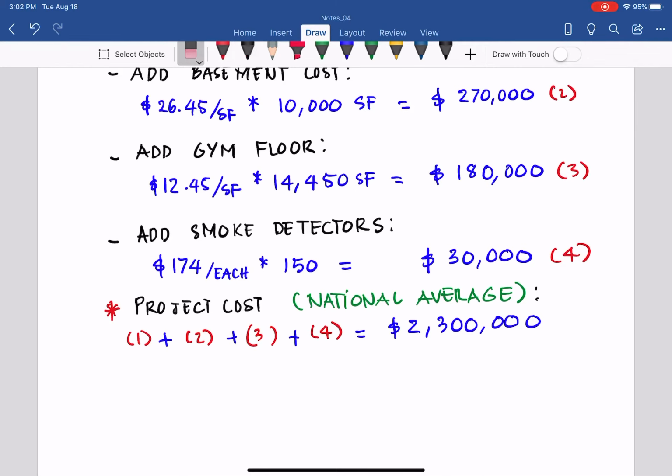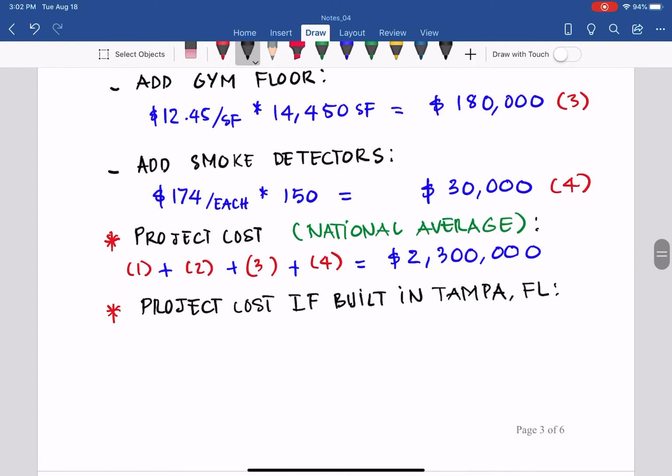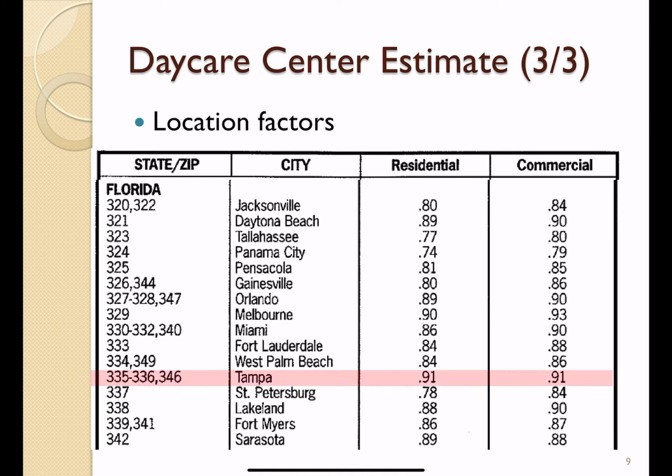So then we have to say project cost if built in Tampa, Florida. In the reference, in the PowerPoint slide we have here for Tampa, for commercial, it's 0.91. What does that mean?